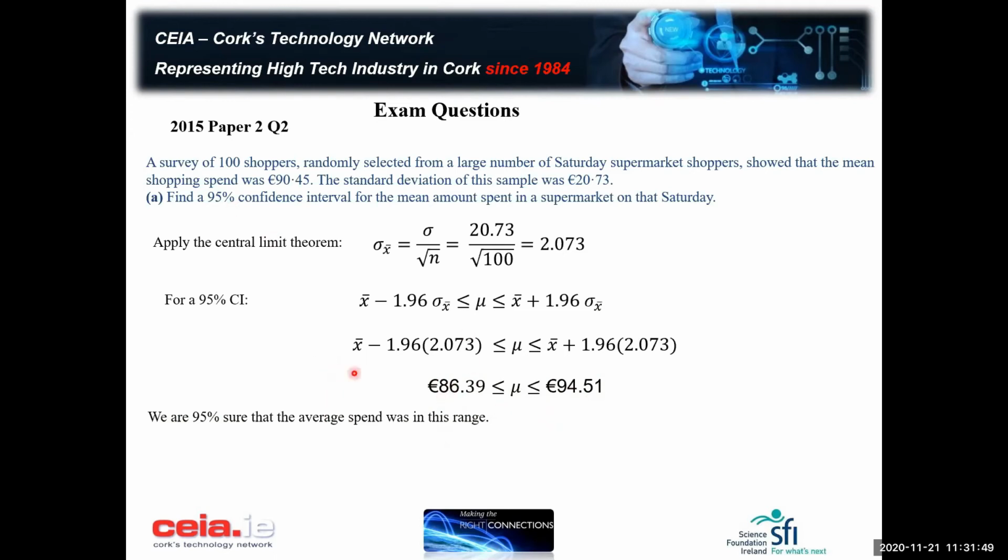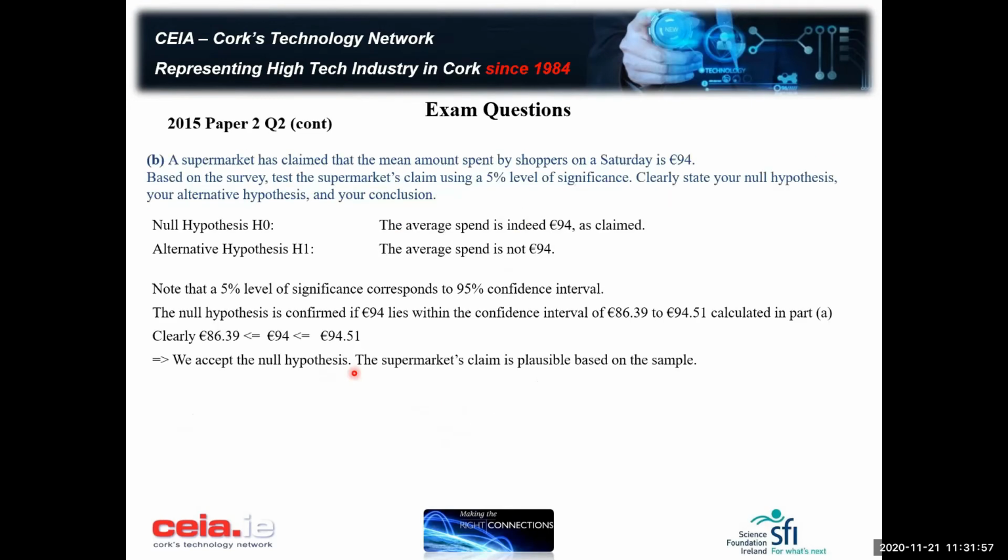So that's just a direct application of the central limit theorem, so it's relatively easy. Part B of that same question, the supermarket has claimed that the mean amount was 94 euros. So it says, test the supermarket's claim using a 5% level of significance.